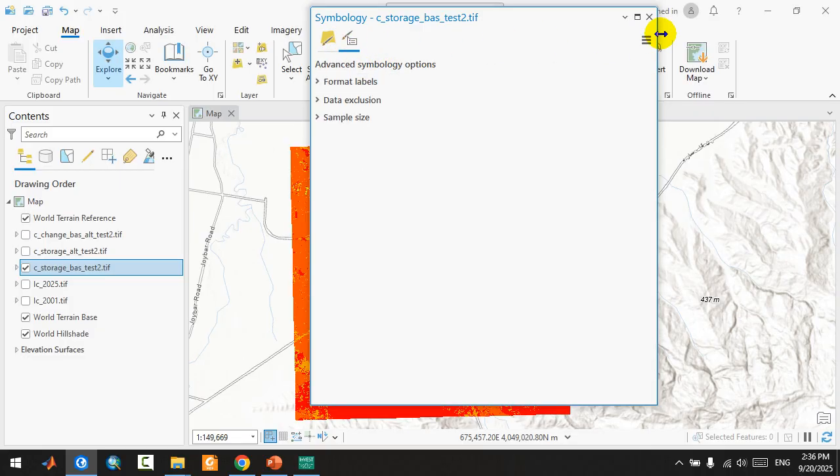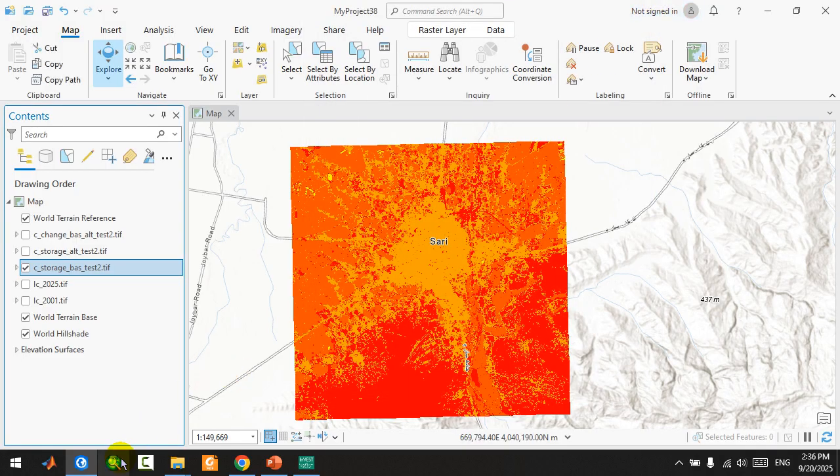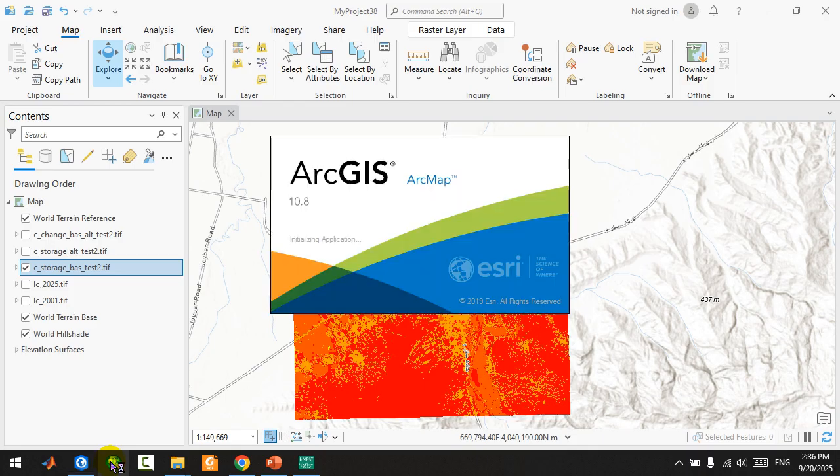Okay, in ArcGIS Desktop we have a solution for all carbon sequestration in the baseline and alternative years. We will wait for ArcGIS Desktop.